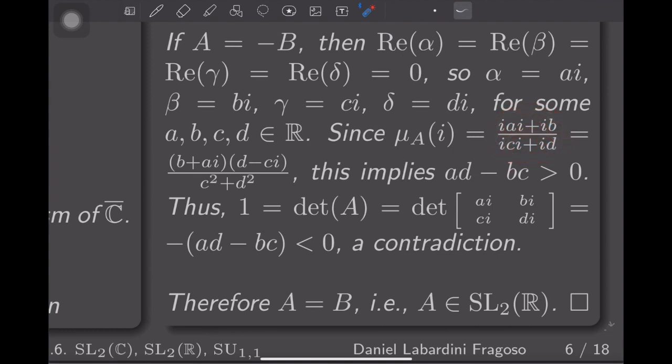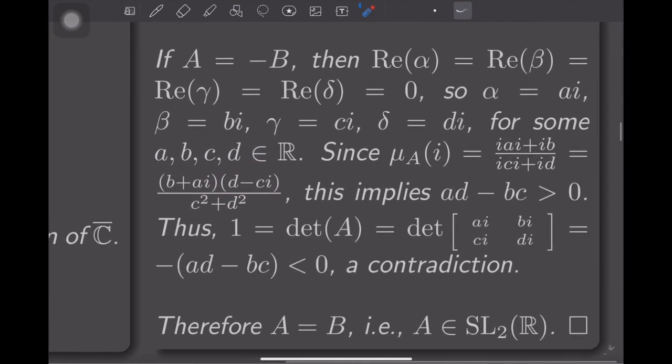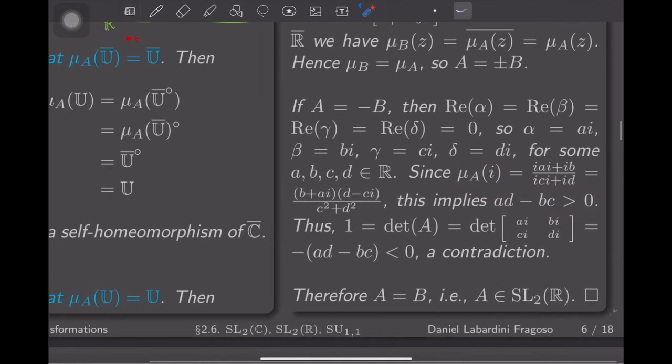So here I have D minus Ci, whose imaginary part is AD minus CB, which, since this is in U, is positive. So this imaginary part is positive.